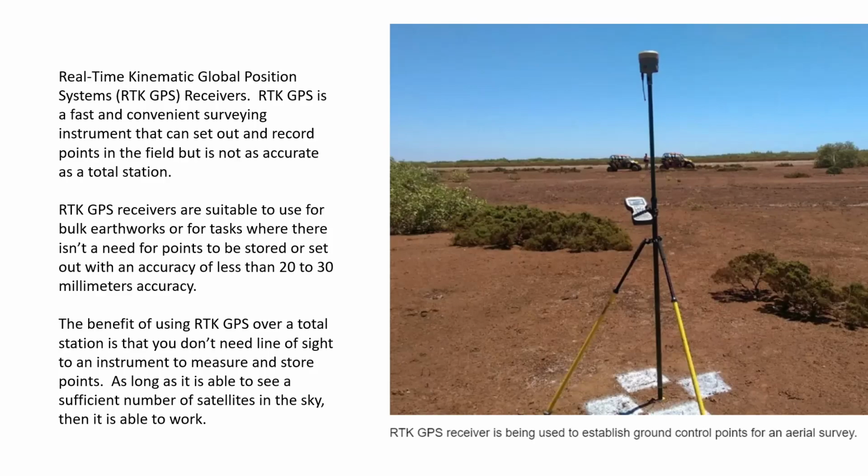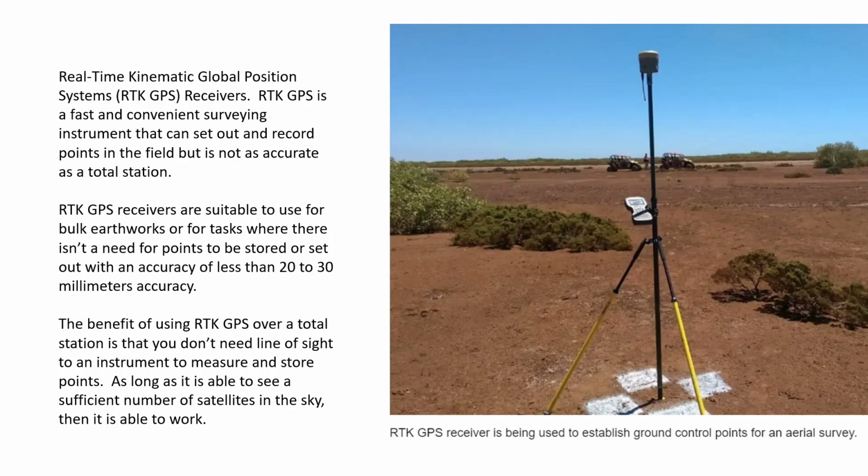RTK GPS is a fast and convenient surveying instrument that can set out and record points in the field, but is not as accurate as a total station. RTK GPS receivers are suitable to use for bulk earthworks or for tasks where there is not a need for points to be stored or set out with an accuracy of less than 20 to 30 millimeters.